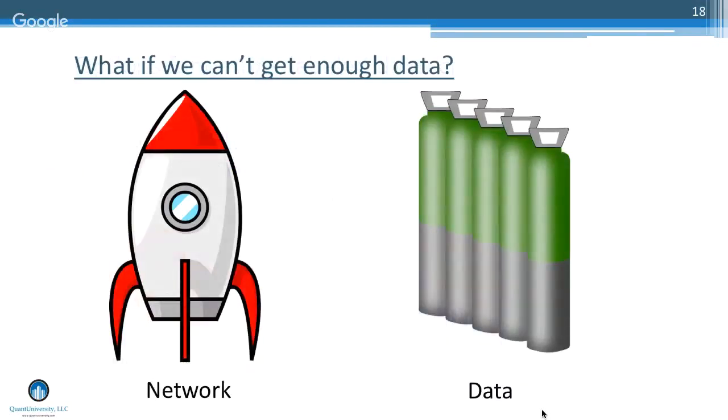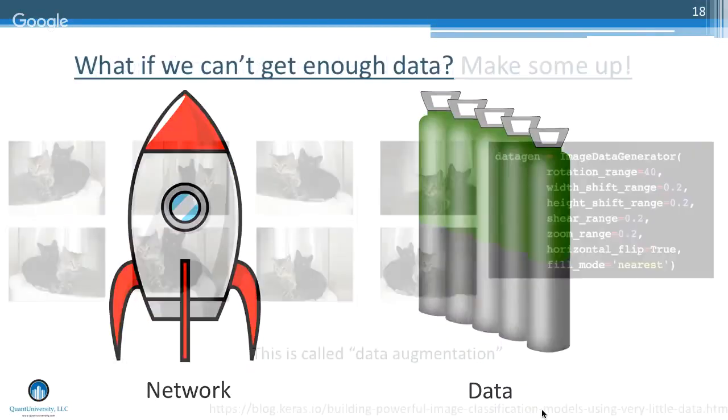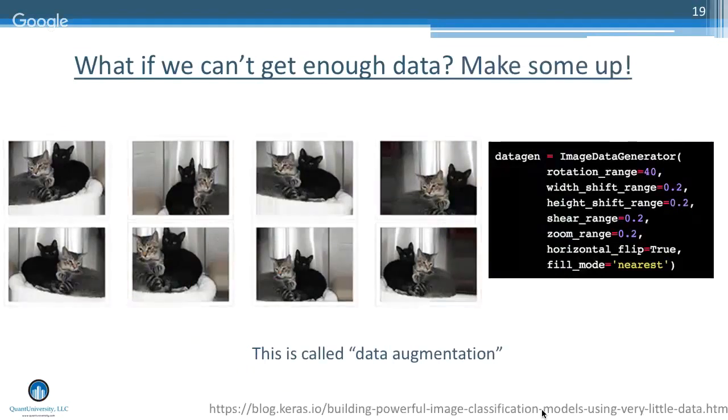Okay, so if you can't get enough data, then you have to be more clever. We saw this yesterday for data augmentation, right? So take your existing image, for example, and shift it around. I don't know if people do data augmentation for text.